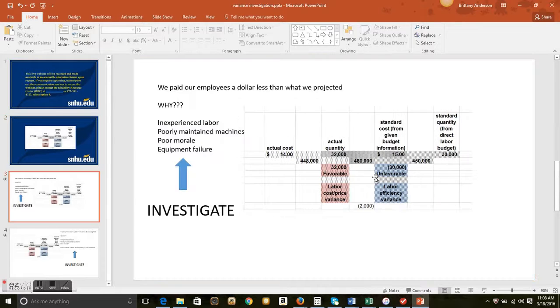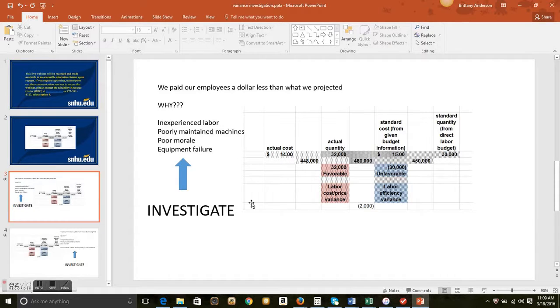Okay. So the next thing we want to look at that's in your paper is investigating what elements could be driving these variances. Our cost price is telling us that we're doing a pretty good job because we paid $14 an hour. But what you have to do is think of the flip side of that. If I'm only paying $14 an hour, how is that working for morale?